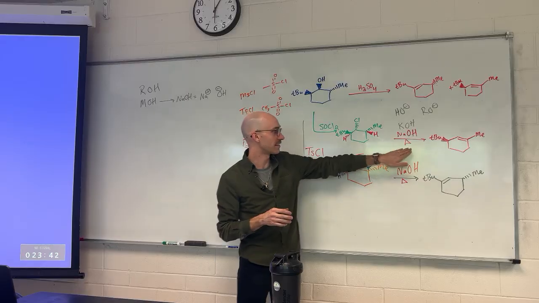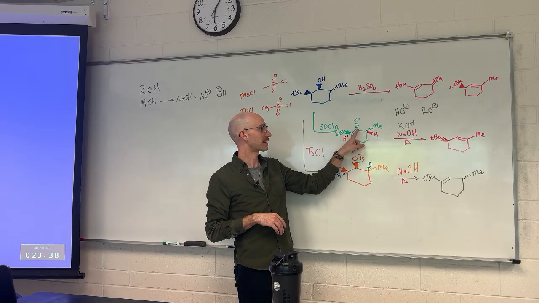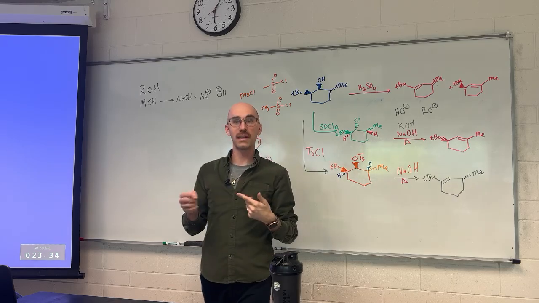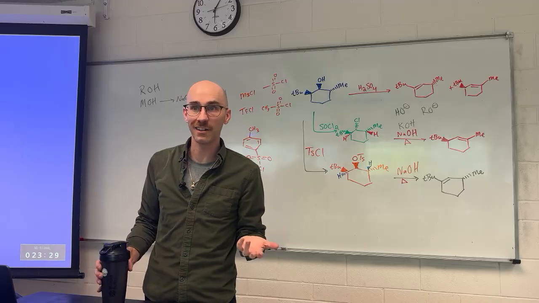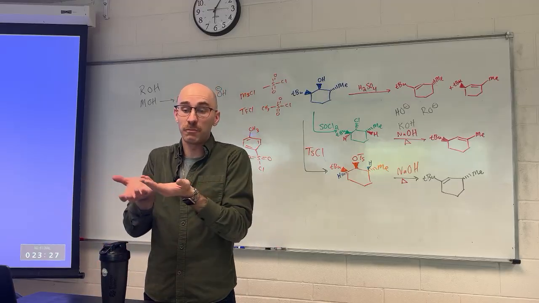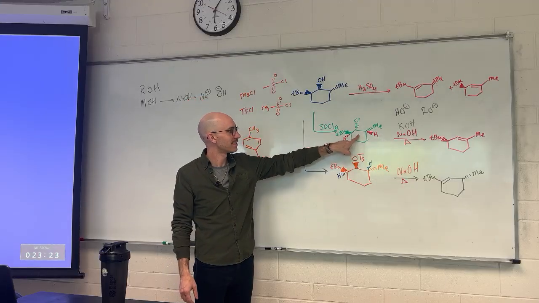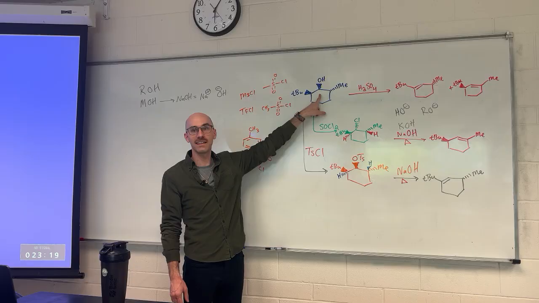If I replace the delta with low T, then I would expect to see substitution of the alkyl halide rather than elimination of it. And if I didn't specify either, I would predict both are going to show up. I would actually go from this with NaOH and low T back to this.